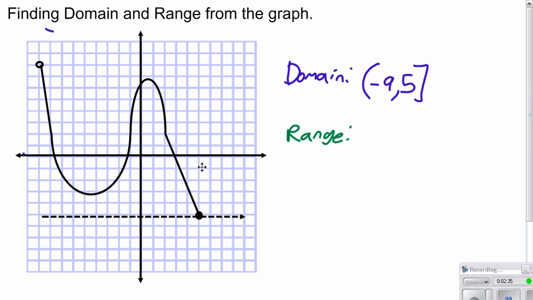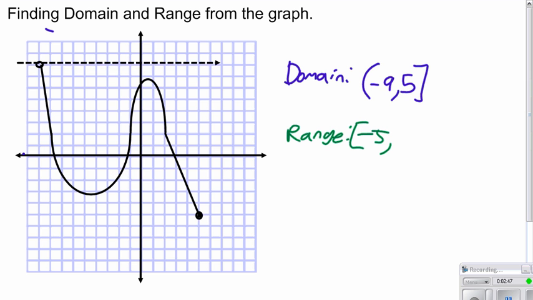The lowest is -1, 2, 3, 4, -5. It's a closed circle, so it is included. We can do a square bracket. And then the highest value, it's up here. The open circle is at 8. So it goes up to 8, but it does not include 8. So we put a parenthesis on it.